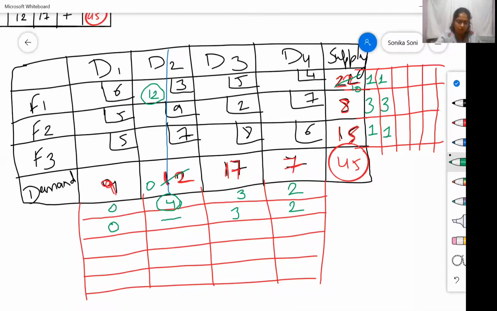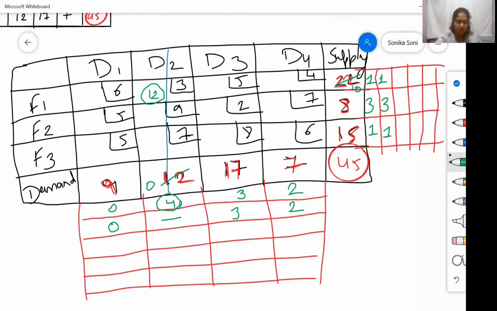In the F2 row where the maximum penalty is there, we have 5, 9, 2 and 7. And in the D3 column where we have maximum penalty 3, here we have 5, 2 and 8.